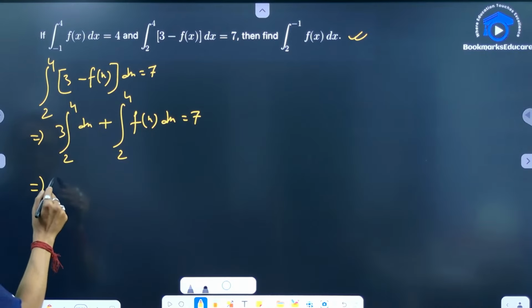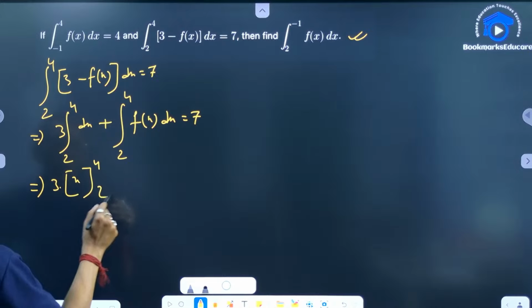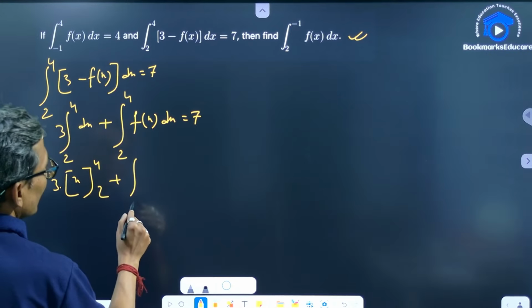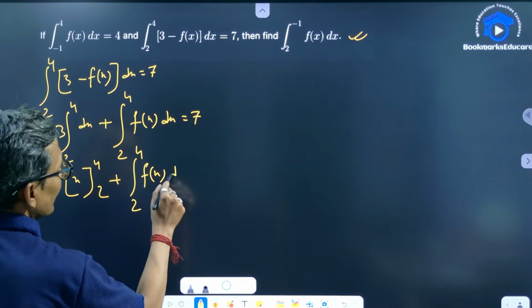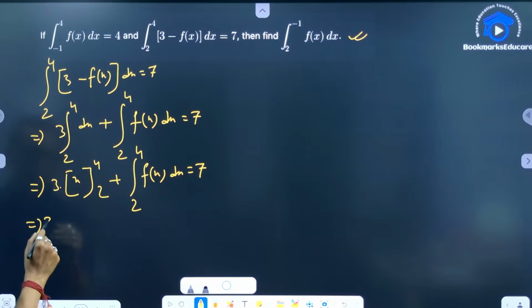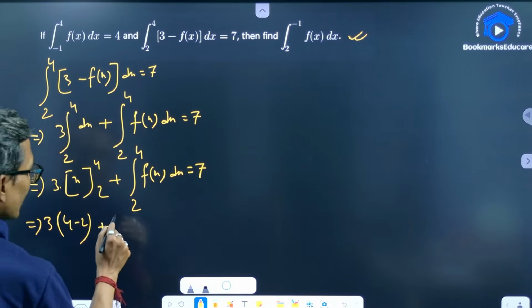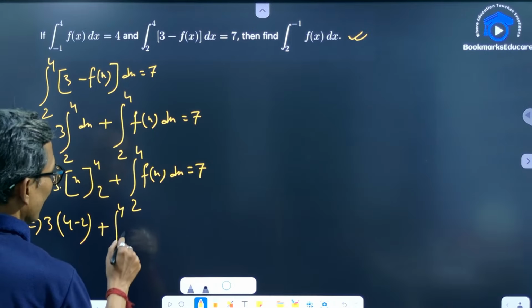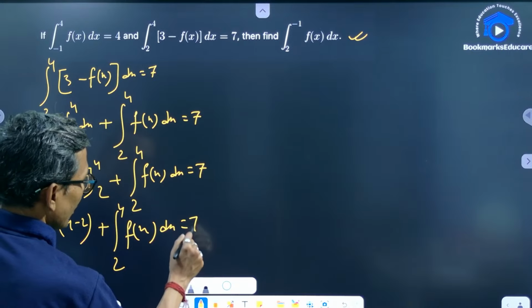Its integration will be 3 into x. So 3 into 4 minus 2 plus 2 to 4 f of x dx is equal to 7.